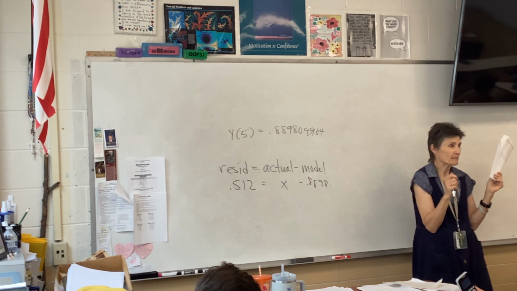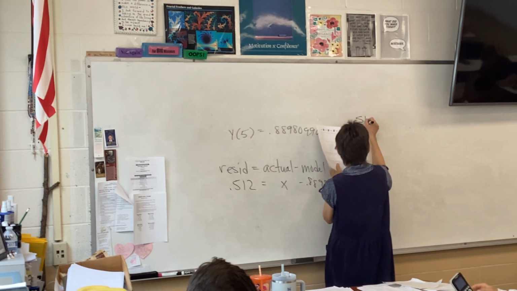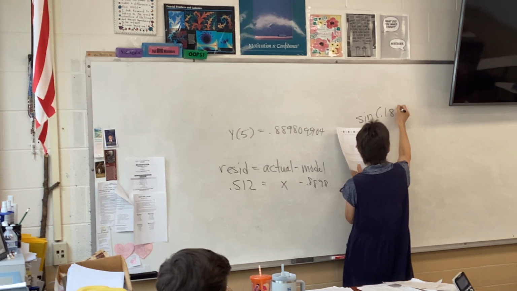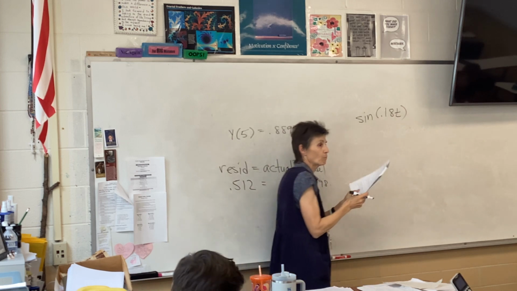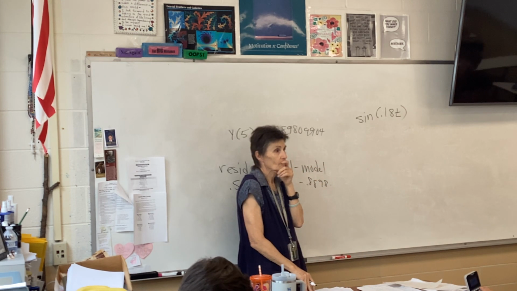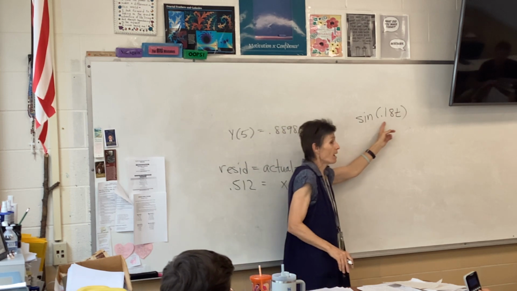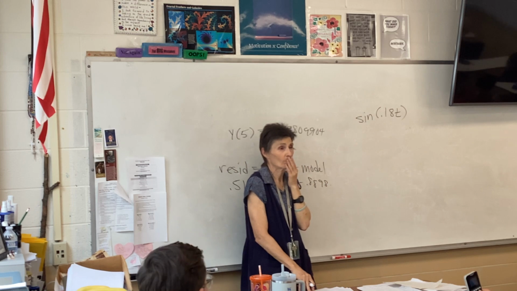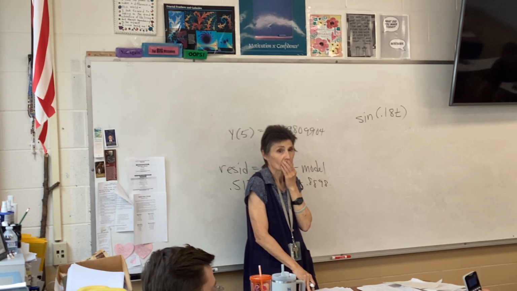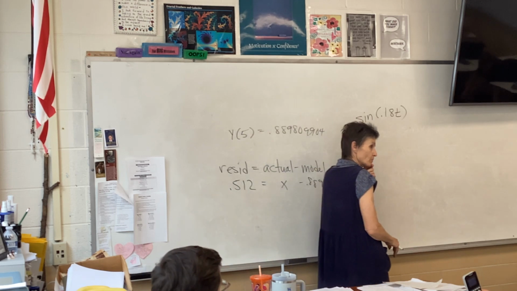When are we going to get to our maximum? Tell me what you know about the sine of 0.18t if we're gonna be at the maximum. When is the sine at its maximum? Pi over 2.